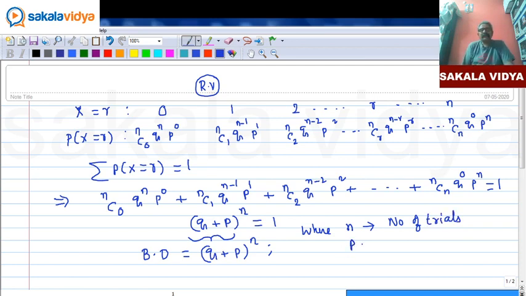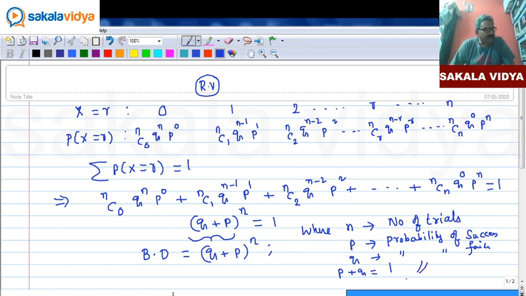Where p is the probability of success, q is the probability of failure, where p plus q is equal to 1.